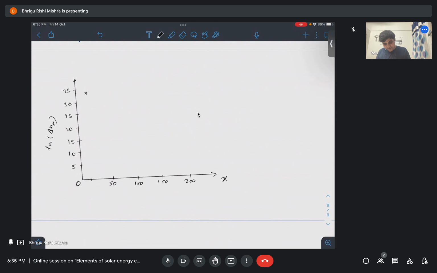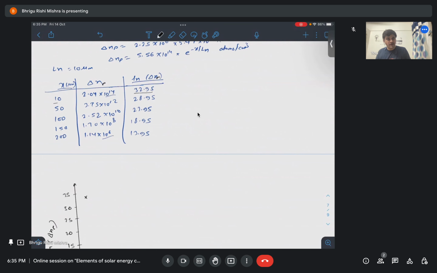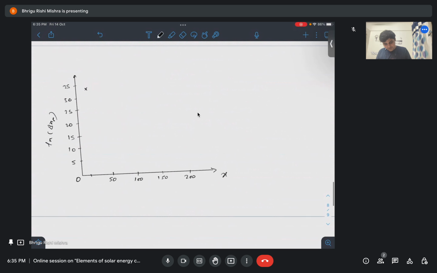At 50 it is 28.95, so at 50, 28.95 is somewhere here, a little bit more towards this, closer to 30.